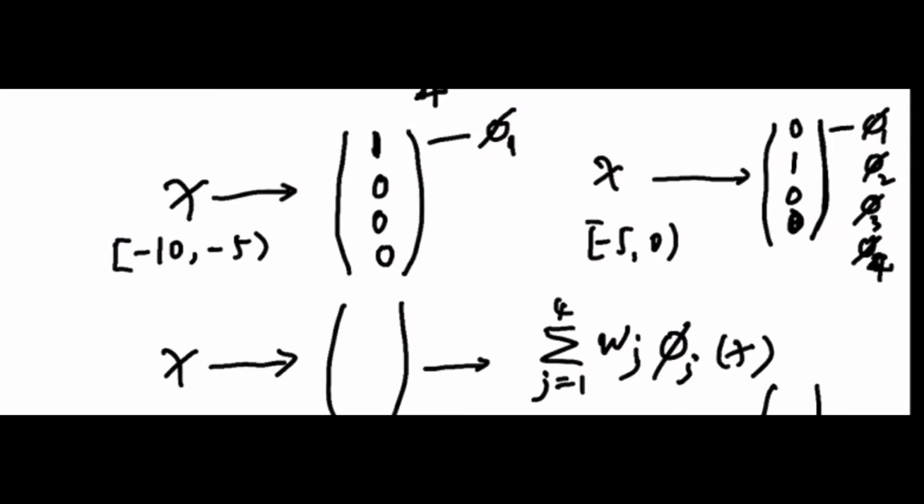There's no name for it, so I'll call it Z. This vector Z may be 0, 1, 0, 0. The row vector multiplied with this column vector gives you h(x), right?